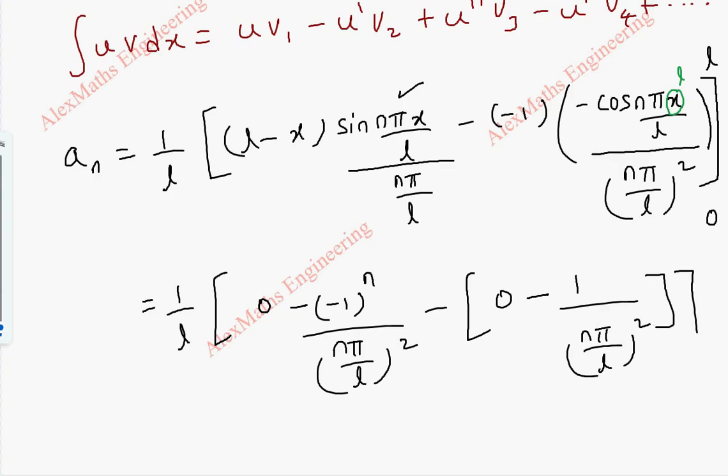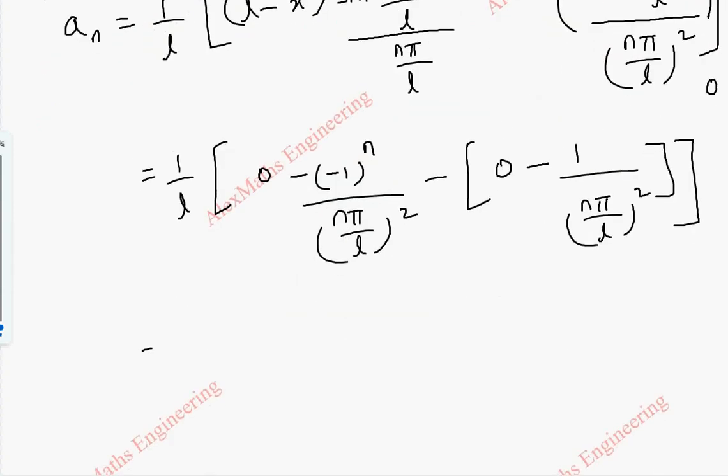So after this we take this one as 1 by L, and here we keep this minus, then minus 1 whole power n by n square pi square by L square.